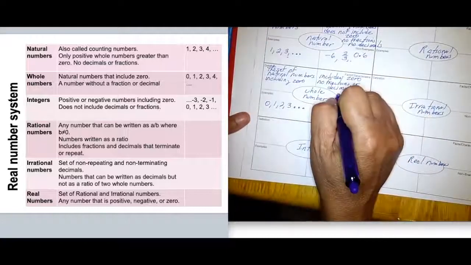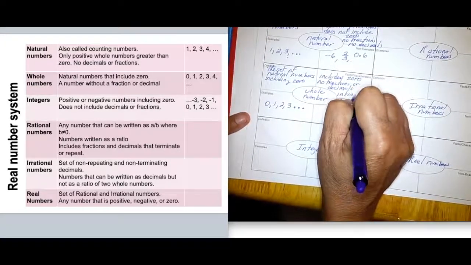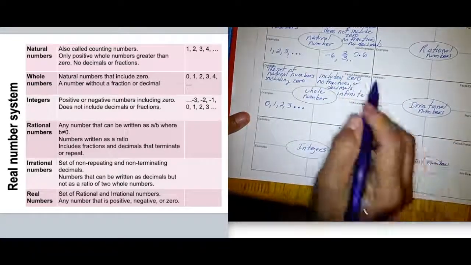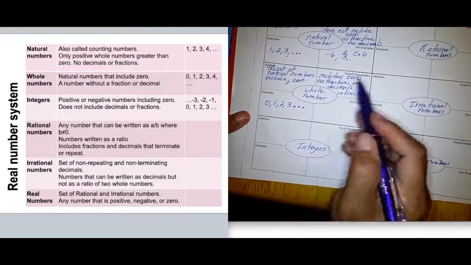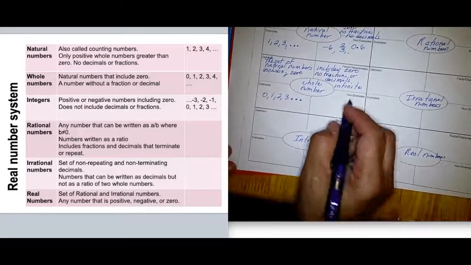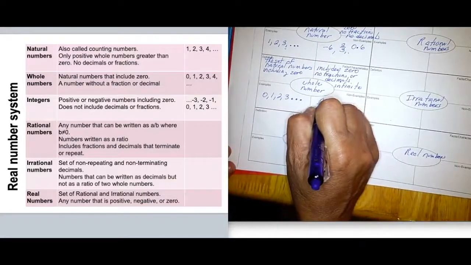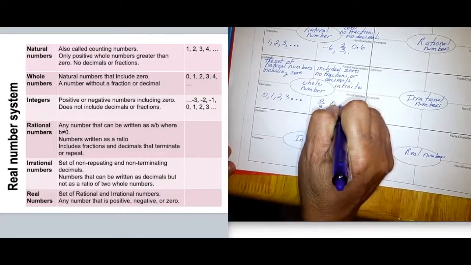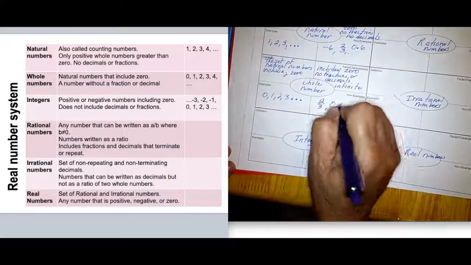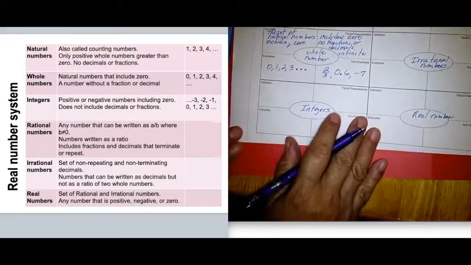I could also introduce the word infinite. All of these are infinite in that it keeps on going forever. Okay, non-examples: no fractions, no decimals, no negatives. So these are my non-examples.